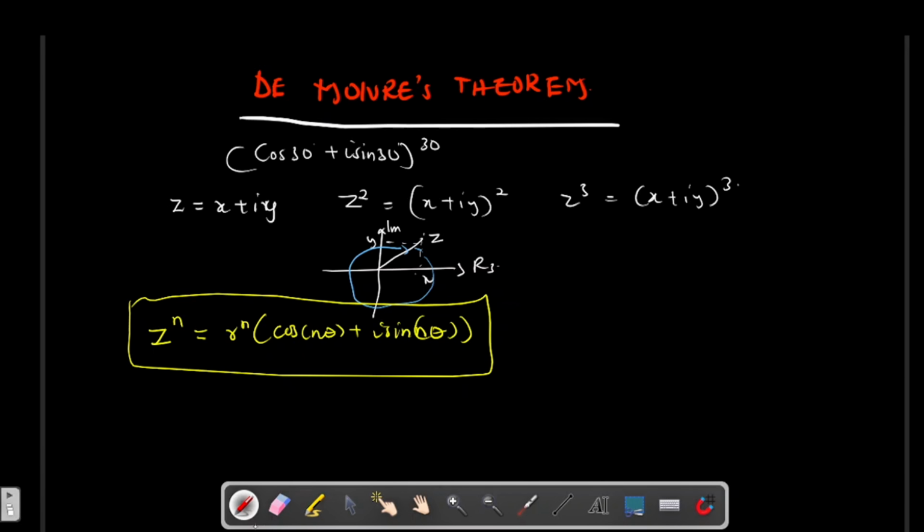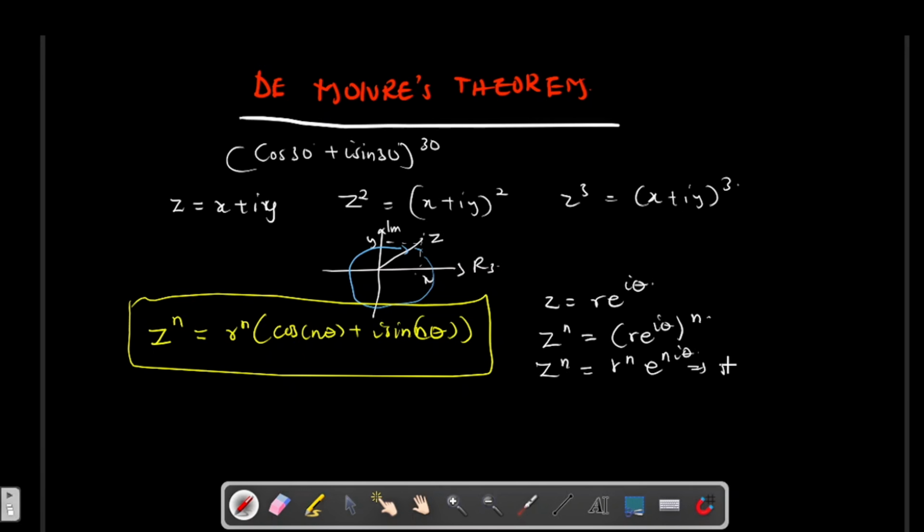Okay, so given a complex number in the polar notation, z is equal to r e to the power i theta. Refer to our previous lesson to understand how this is done. So if you want to raise this to any power n, z to the power n is (r e to the power i theta) all to the power n, which now becomes r to the power n e to the power n i theta, right?